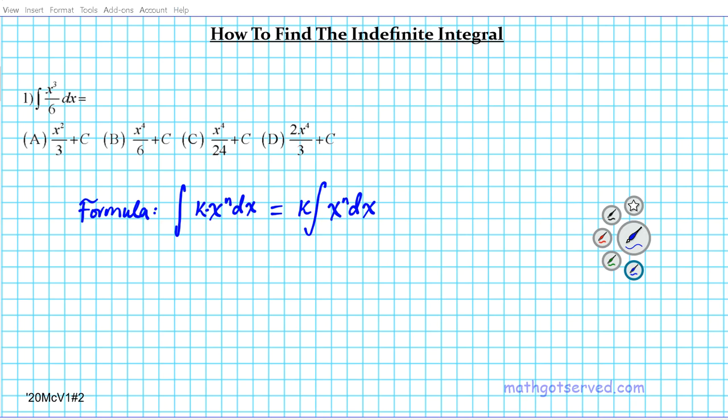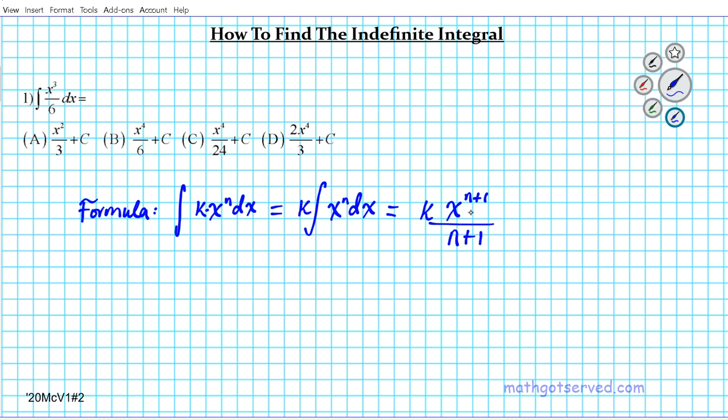Now I'm going to apply the power rule to the integration of x to the n dx. Okay, so if I apply the power rule there, we're going to have the k that we factored out times x to the n plus 1 over n plus 1. All right, so anytime you're integrating a power, it's going to be x to that power plus 1 divided by that power plus 1.